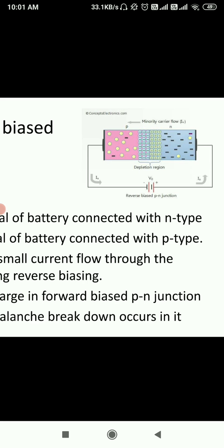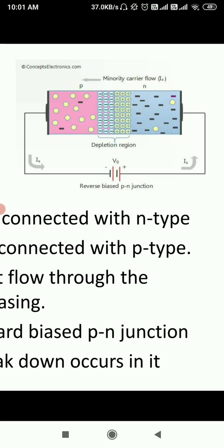And at the same time we connect the positive terminal of the battery to the n-type semiconductor. In n-type semiconductor we have electrons, which have negative charge, and we are connecting the positive terminal of the battery. So what will happen here? There will be attraction between the electrons and the positive terminal of the battery.